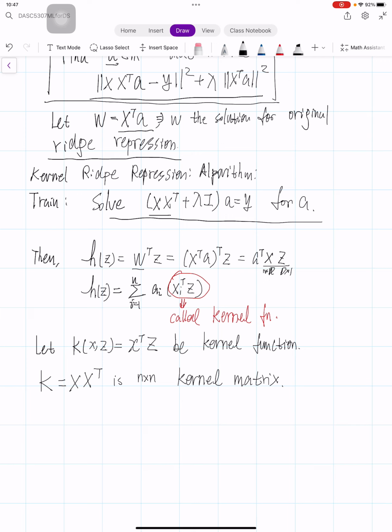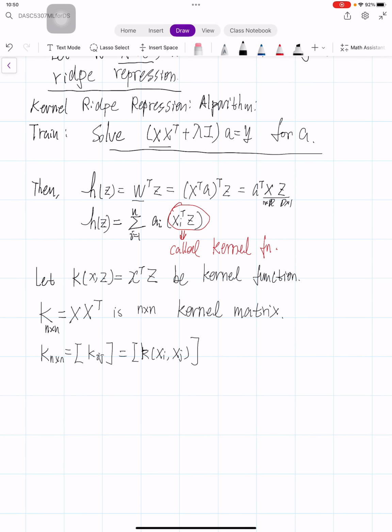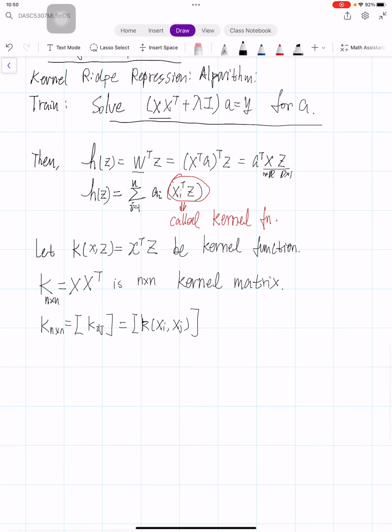And we denote each element inside this matrix k_ij, which equals the kernel function applied to the ith column with the jth column. Okay, so the kernel trick here is the kernel ridge regression algorithm.